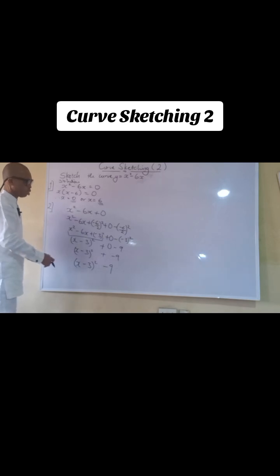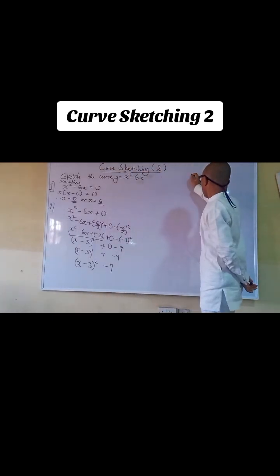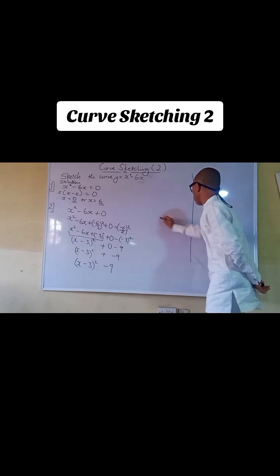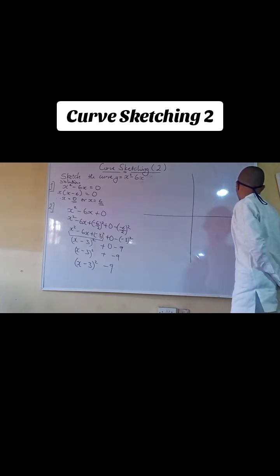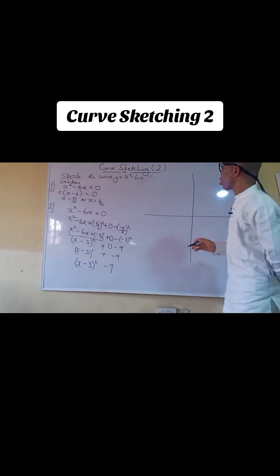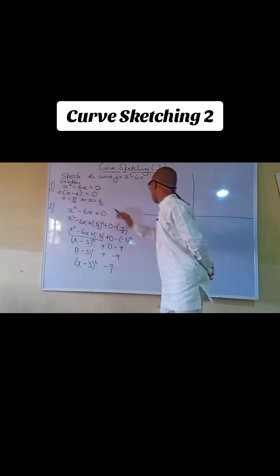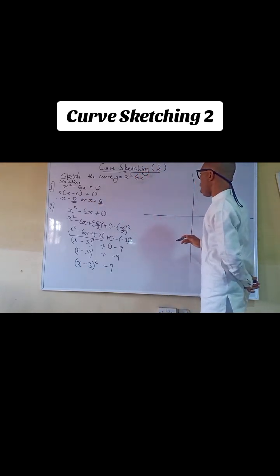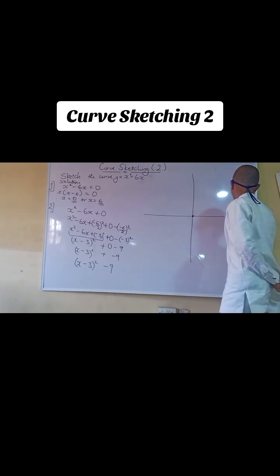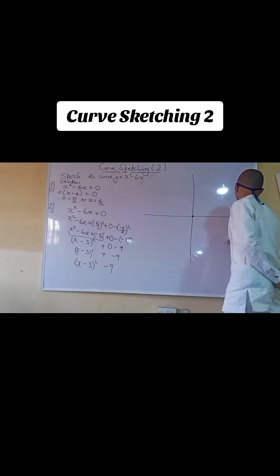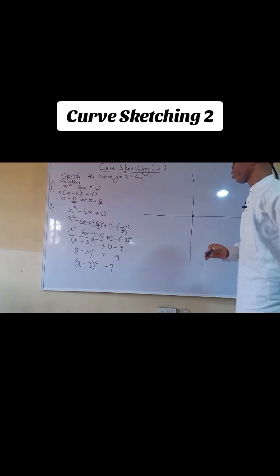So let's sketch. Now this is our graph. Our graph will look like this. Now let's remember that the zeros are 0 and 6. So at x equals 0 and x equals 6, my graph will cut the x-axis.